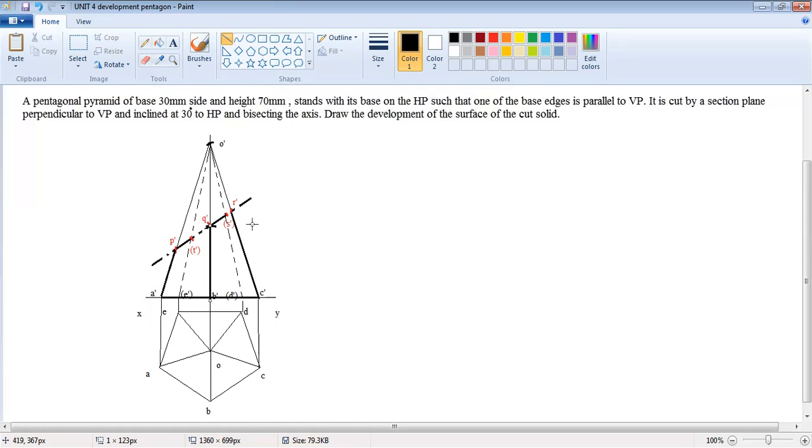In this case, we have to draw a horizontal line like this. Okay. We will transfer this edge to this horizontal line.